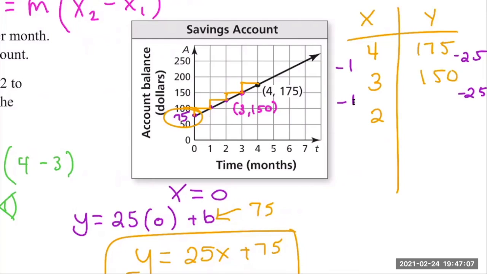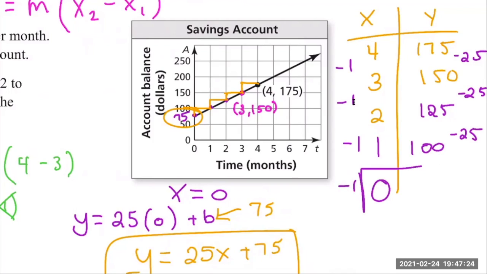Linear functions means we're increasing or decreasing by the same amount every single time. So I get 125. Subtract 25 again, subtract 1 over here. I get 1 and 100. Subtract 1, I get 0. This is what I'm looking for. Subtract 25, we get our 75.